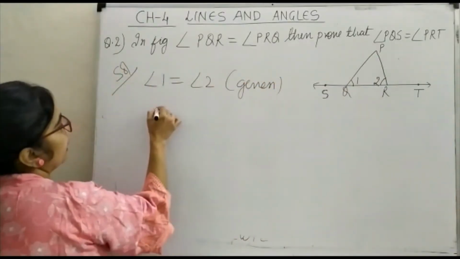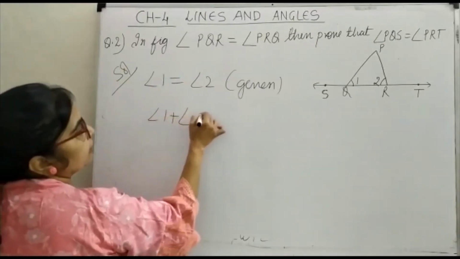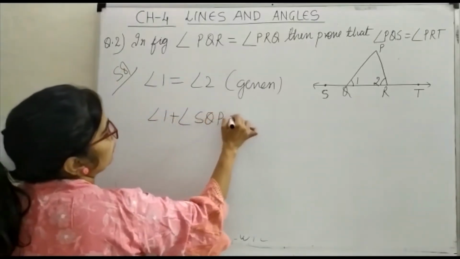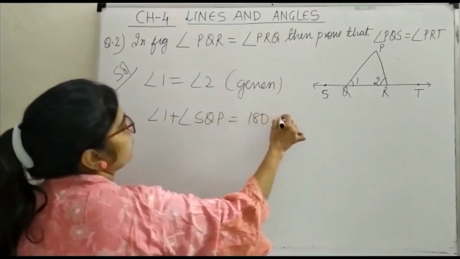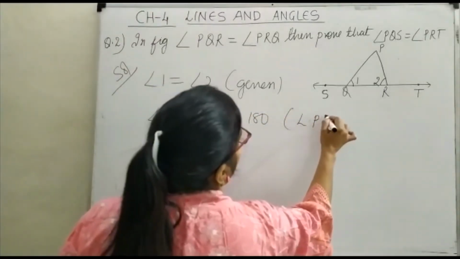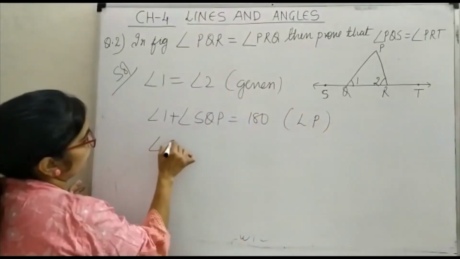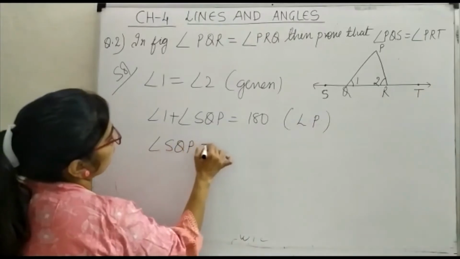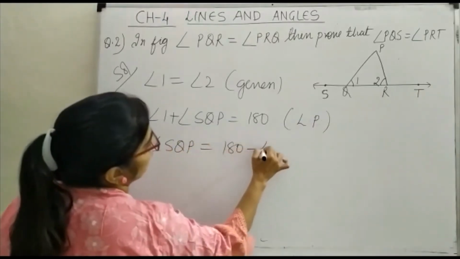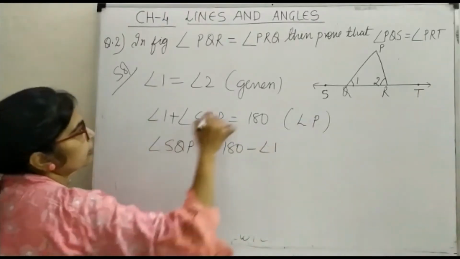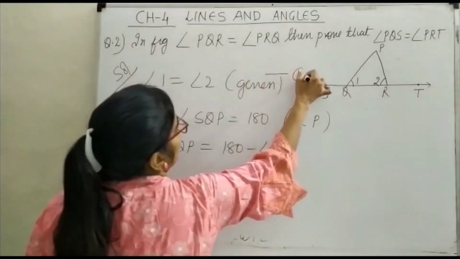Now you know that angle 1 plus angle SQP is equal to 180. That is linear pair. From here you can find out angle SQP is equal to 180 minus angle 1, right? You can give this as equation number 1.